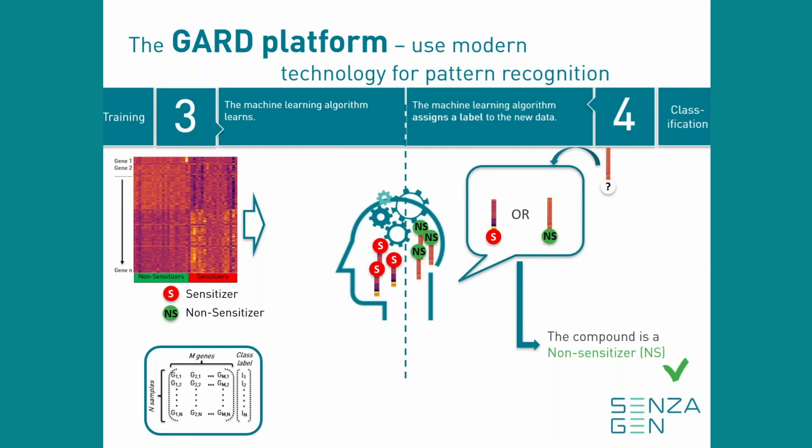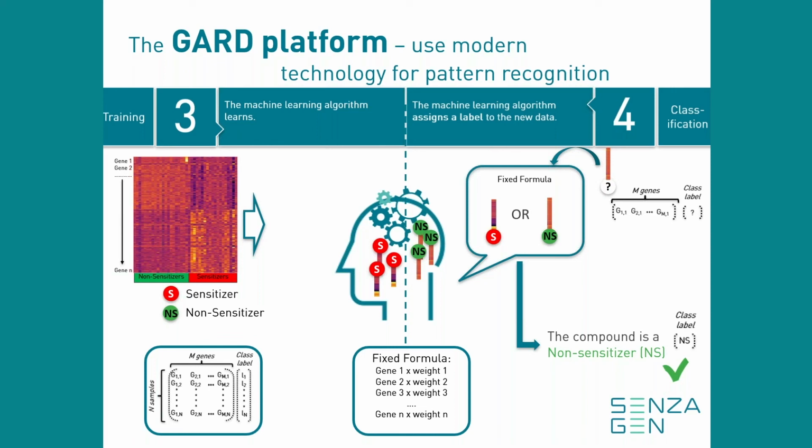When you feed the samples into the machine learning algorithm, it becomes nothing less than an optimization problem from a mathematical point of view. What the machine does is assign different weights to the different genes with the purpose of optimizing the discrimination between sensitizers and non-sensitizers. This will lead to a fixed mathematical formula that is never changed. Every time you feed in new test data, you will have exactly the same fixed mathematical structure.